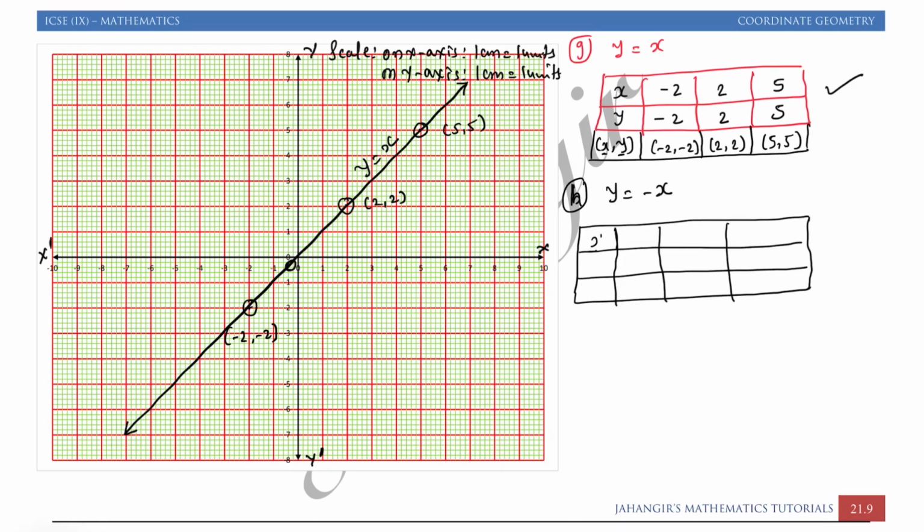We will take x, y and we can write the coordinate as x comma y. The last row is not compulsory to make, if you want you can make it, otherwise it's okay, we can just write the x and y coordinates. Now you can choose any value as per your wish.